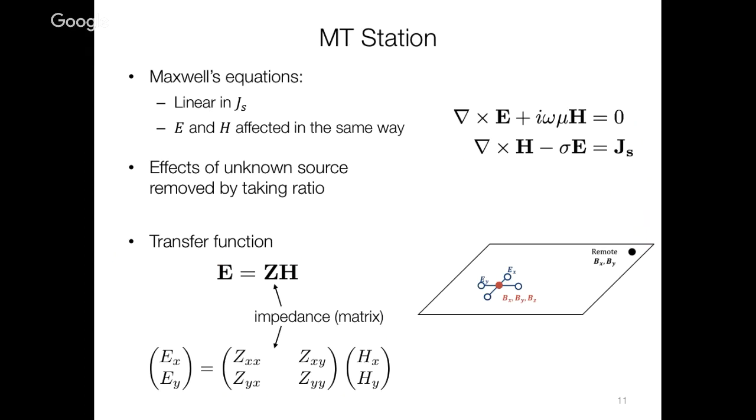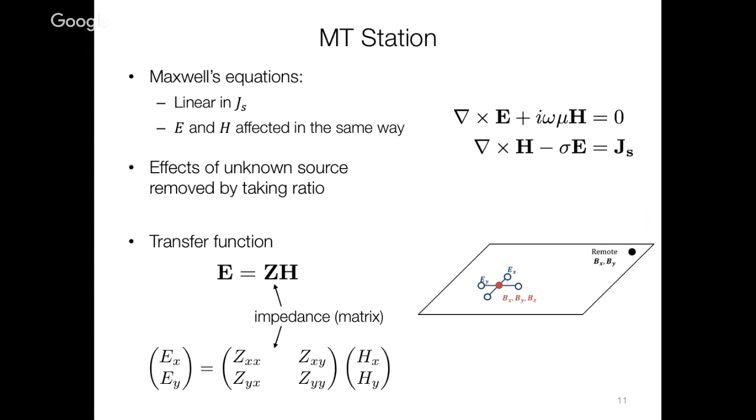So if you thought about E and H both depending upon a source, and instead of working with fields individually, you took a ratio of E over H, then that would somehow cancel out the effects of this source. It's not quite a ratio, it's called a transfer function.